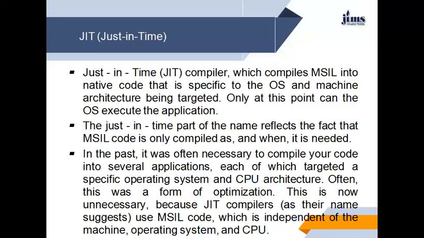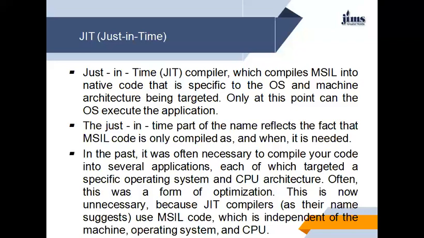In the past, it was often necessary to compile your code into several applications, each of which targeted a specific operating system and CPU architecture. Suppose the operating system is different, or the CPU architecture is different.